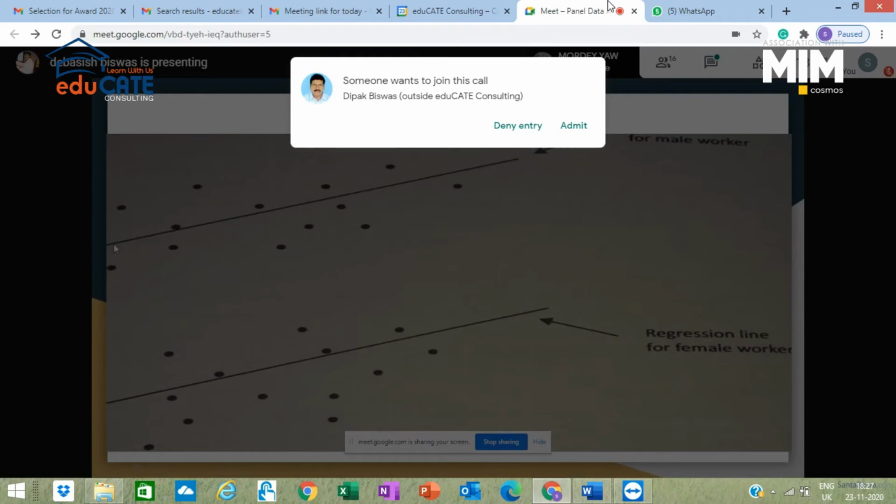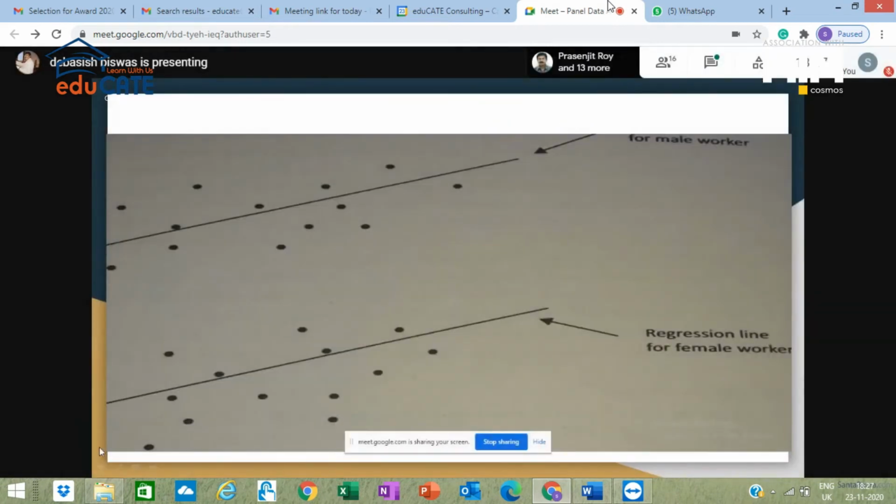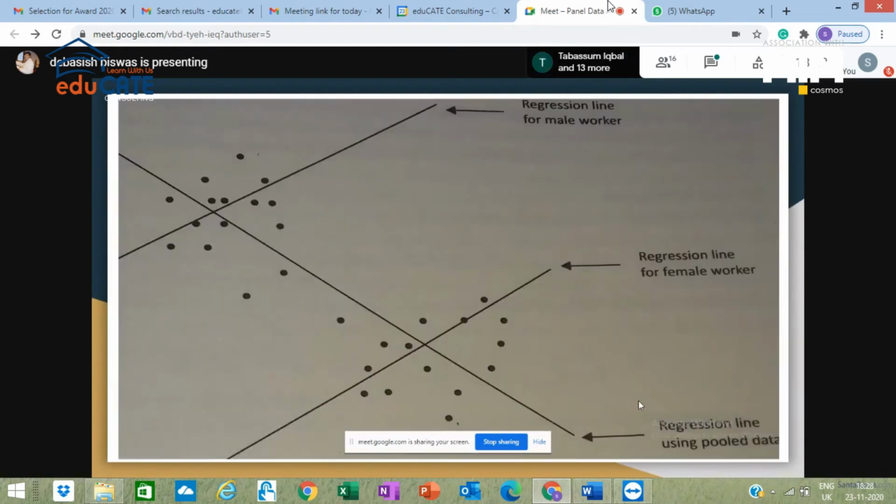And the intercept in case of the male worker is higher, and the intercept of the female worker is comparatively lower. Now, if we do not consider panel data structure, then what will happen? What types of mistake do we make? Observe this minutely.